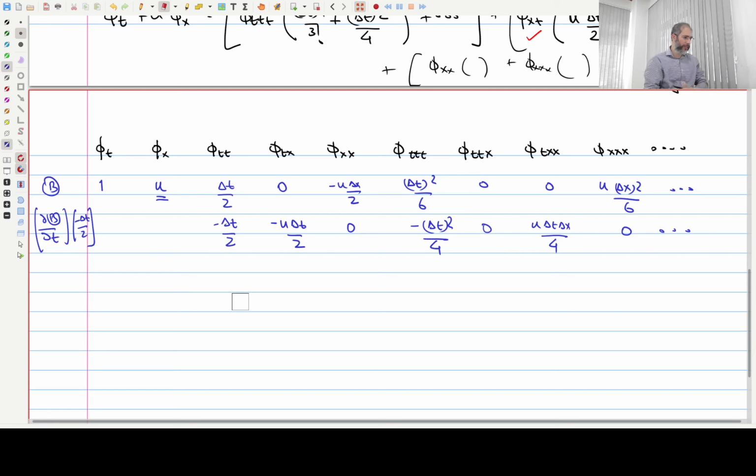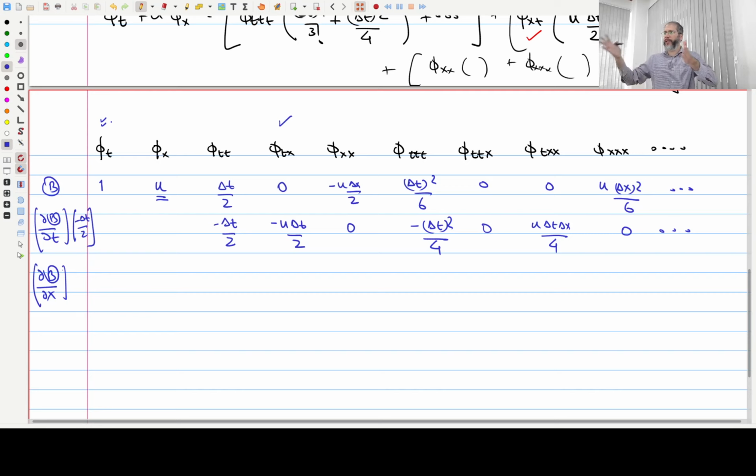The next step is I have to get rid of this term, phi tx, that I have generated. For that, I take the derivative of equation number b with respect to x this time. So this term will become phi tx, and I follow the same strategy to eliminate the coefficient of phi tx.